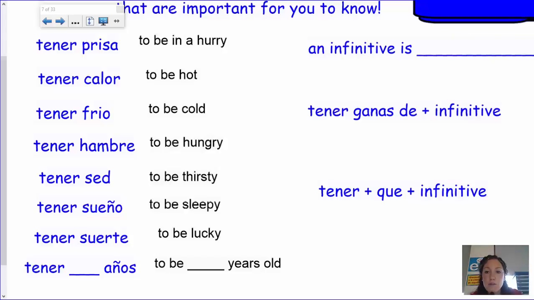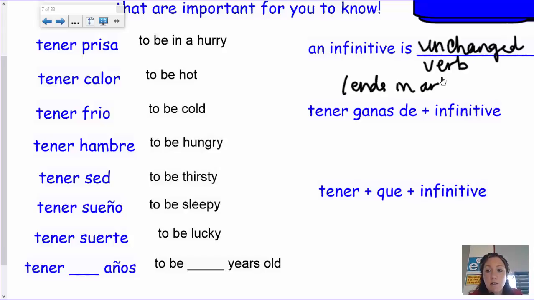Okay, we also have to review some expressions that are going to use an infinitive verb with tener. So just a reminder of what an infinitive verb is. An infinitive verb is an unchanged verb. Unchanged just means that it still ends in AR, ER, or IR.